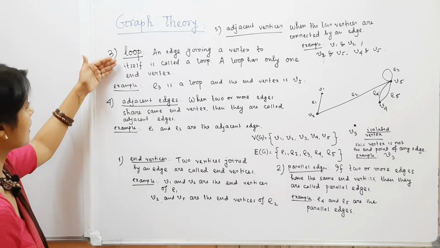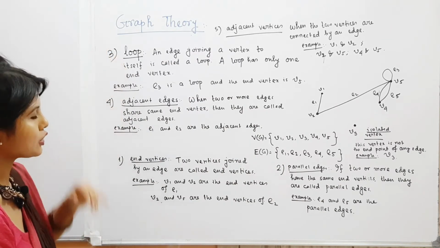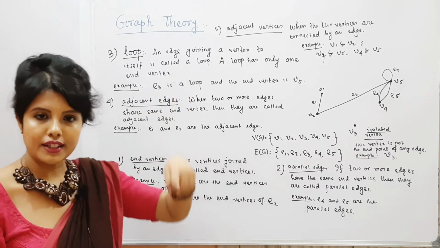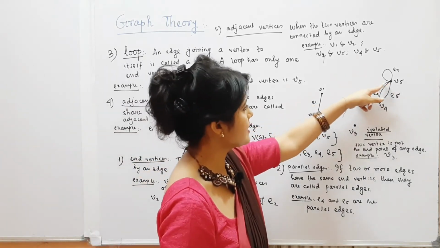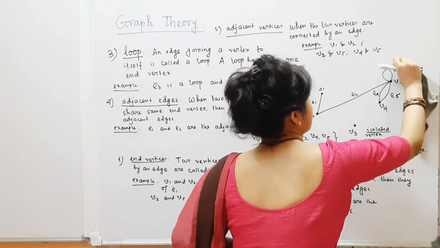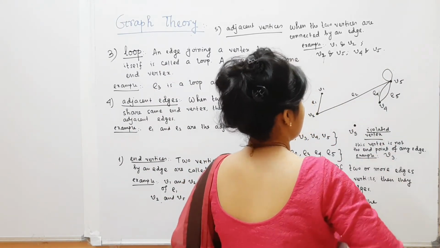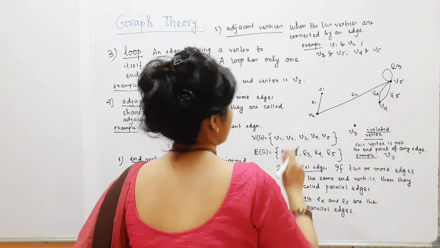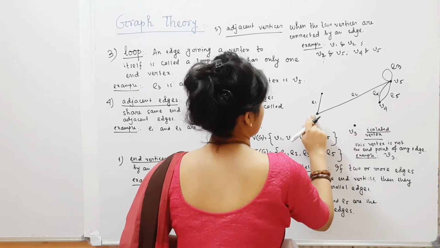Similarly, coming to the next definition, that is loop, that is an edge joining a vertex to itself. So this edge is the edge E3 actually. So I am writing it more clearly, that is E3, okay. So this edge E3, so I am writing them more clearly.